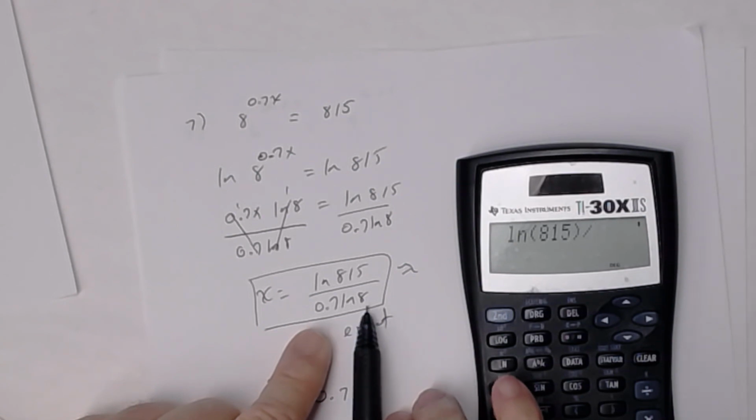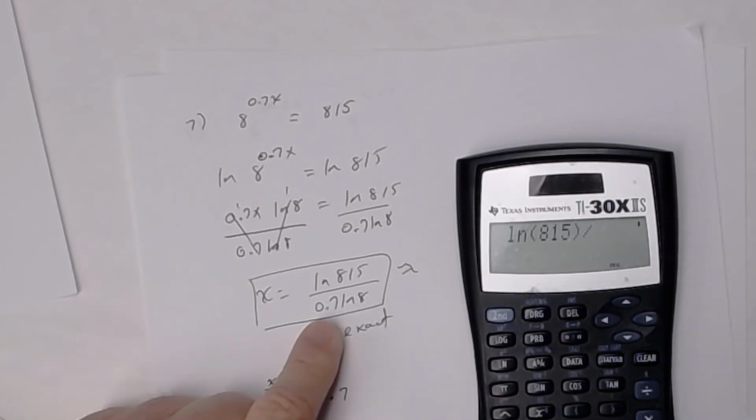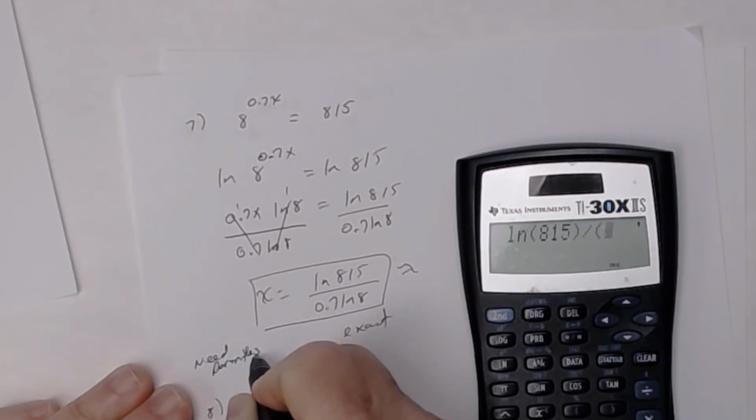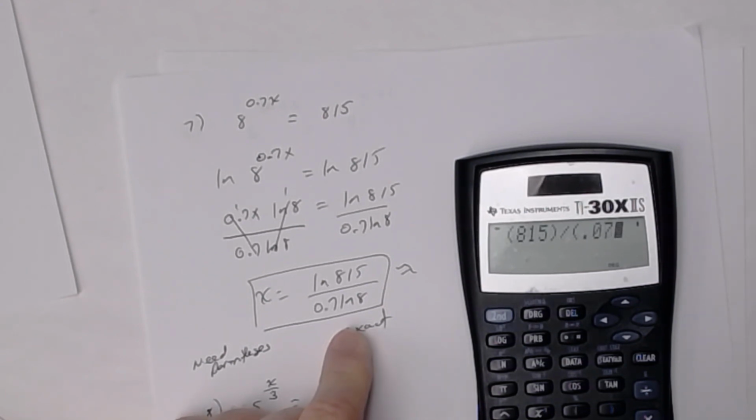I'm going to come back and show you what you're going to get if you don't. All right, so you've got to put that in parentheses. This is where parentheses are important now, okay? So in parentheses 0.7 times, oops, did the wrong one.